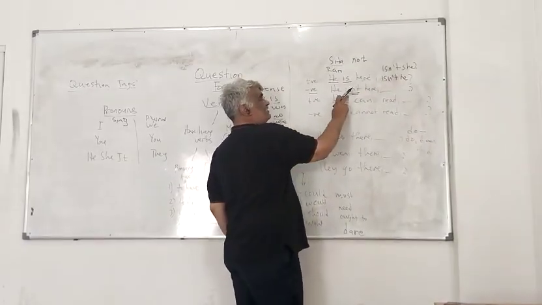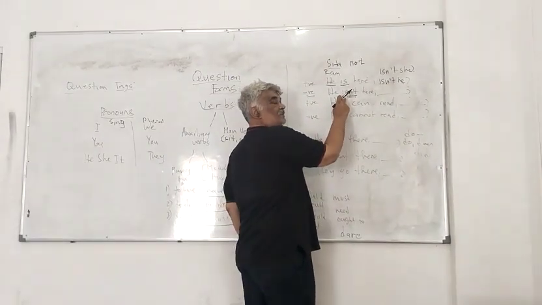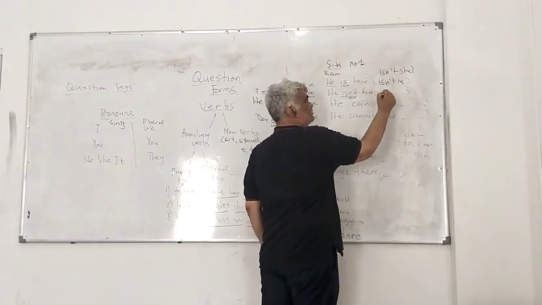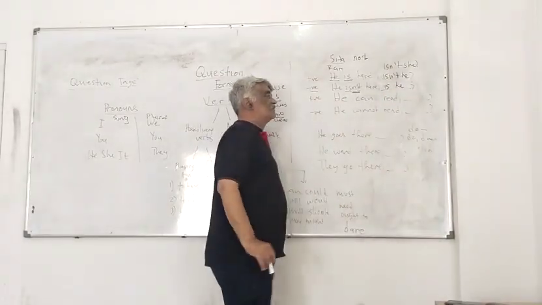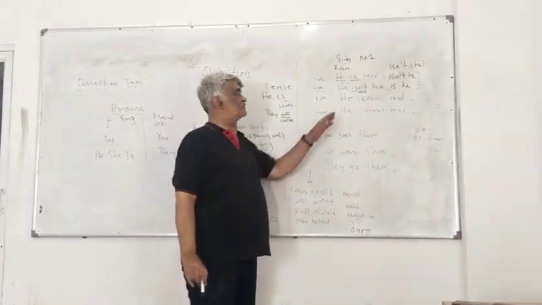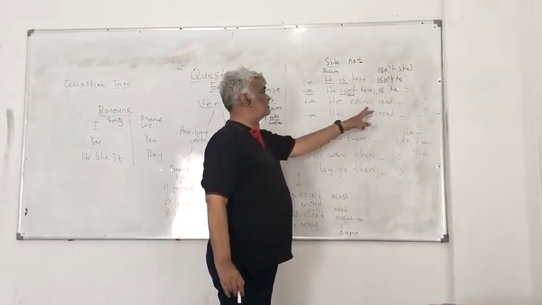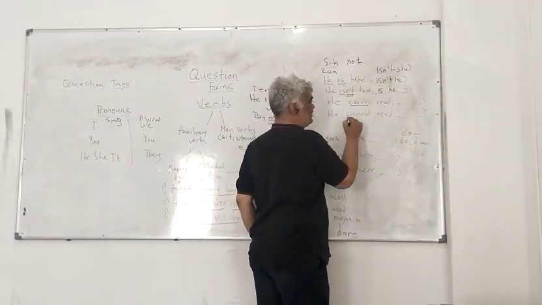Now, if the sentence is negative, and it has an auxiliary, take the auxiliary, make it positive, add the pronoun form of the subject, right? We'll look at two more examples. One is positive, the other is negative, right? This is the auxiliary.